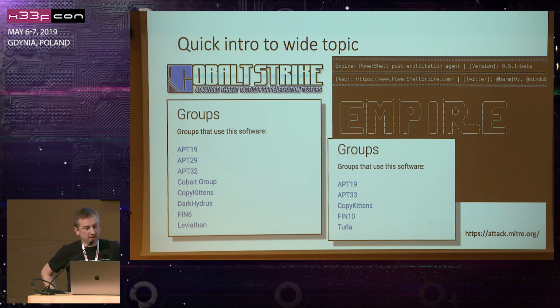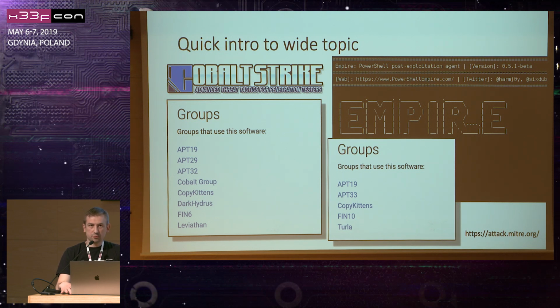For example, take two very popular frameworks for command and control, like Cobalt Strike, which is a commercial product, or PowerShell Empire. You can see, this is a data source from MITRE ATT&CK, that several APT groups use this kind of software.